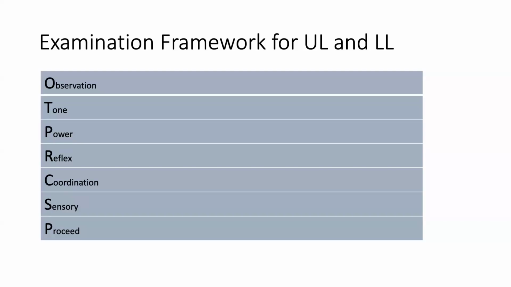So starting with upper limb and lower limb examination, you start with observation. In neurology, observation, I think, is the most important bit of the neurological examination, because you can gather a lot of information just by observing the patient. I stress this very much.